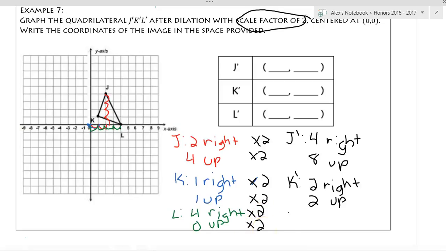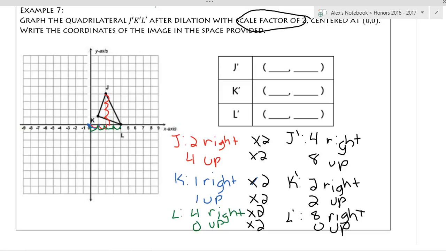So L prime is 8 right of the center and 0 up from the center, right? So all of these points have to do with where our center is. This problem is like the easier version of it because our center is at 0, 0. It makes it nice and easy.